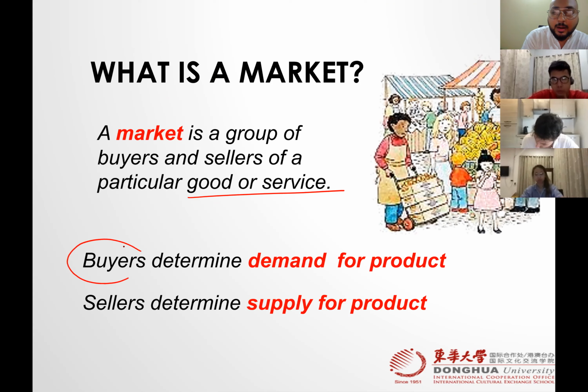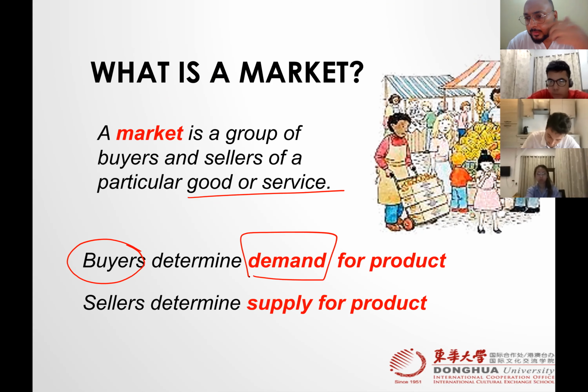Buyers determine the demand for the product. Whenever there's the word buyers, you should automatically consider that we are talking about demand. And who creates supply? Supplier or producer or seller. So sellers determine the supply.